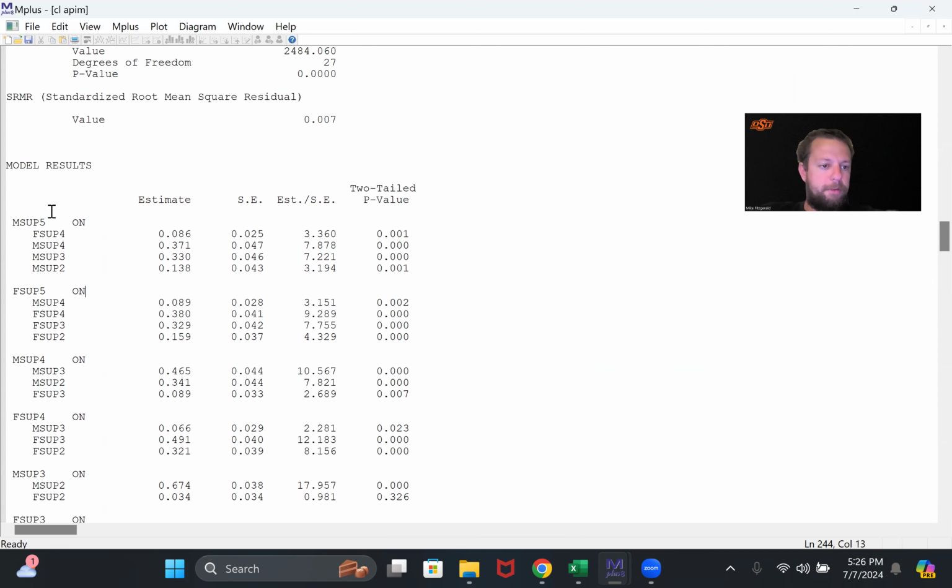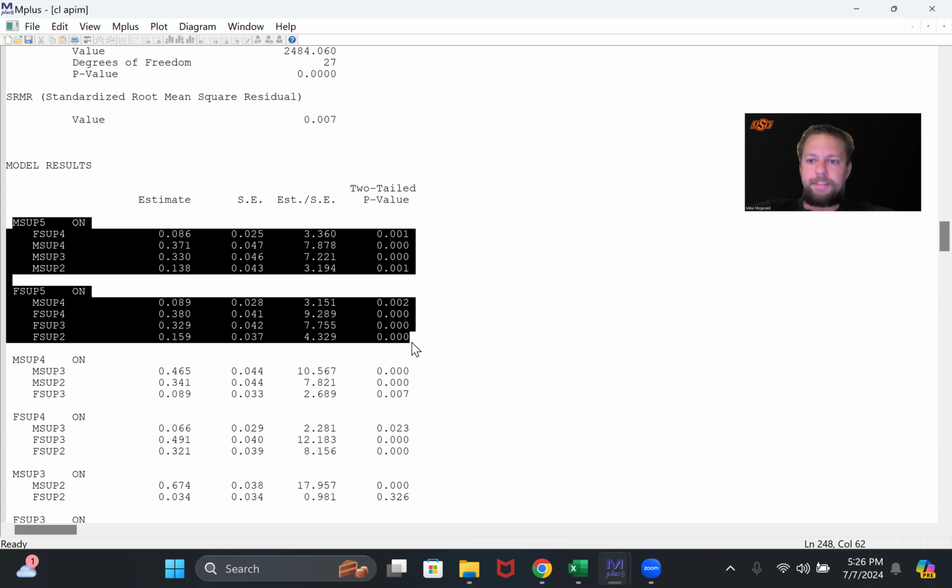So rather than pretend that this is my original hypothesis and the model I started out with, I'm actually going to move to a completely different analytic framework. In the next video, I'm going to show you how to conduct the random intercept cross-lagged actor-partner interdependence model.